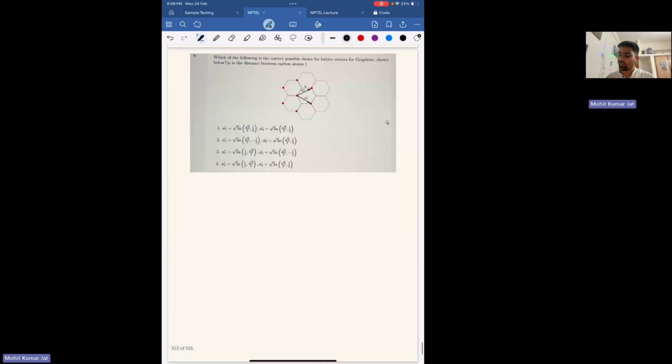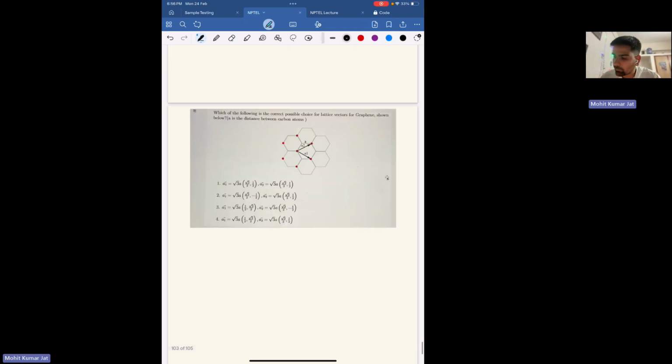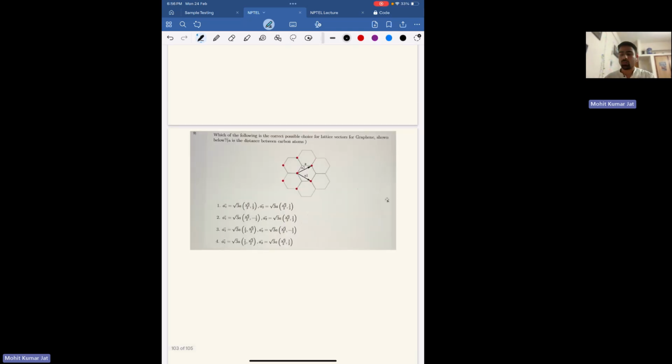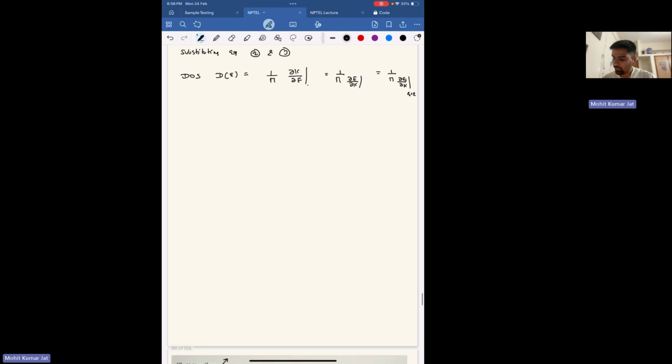Now moving on to the next problem, which is: the following is the correct possible choice for lattice vectors for graphene shown below. A is the distance between the carbon atoms. So a1 and a2, the question is asking. This is something which we have shown in the previous assignment also, so I will refer to that and take up the values from there.